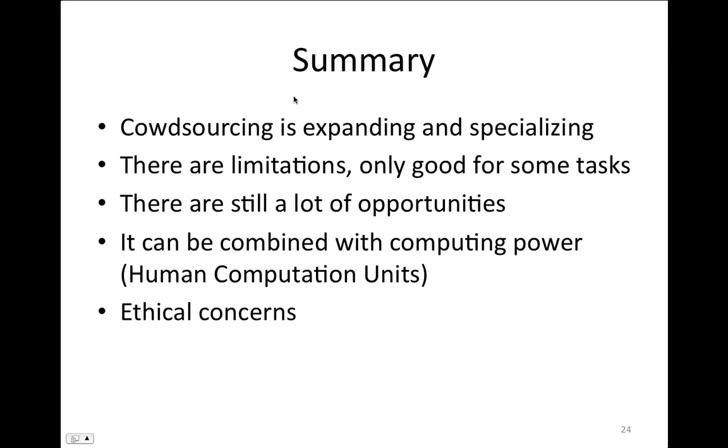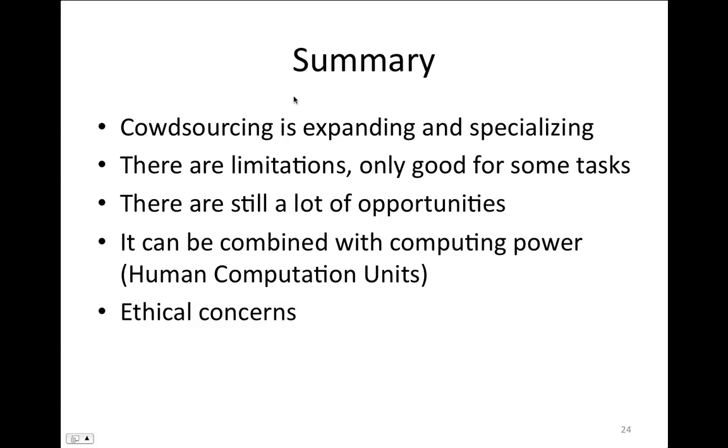To summarize, crowdsourcing is expanding and specializing. There are more and more platforms that are specialized in, for instance, translating and transcription, and they have workers who are specialized in that topic. There are certainly limitations, because some advantages that exist in real job markets, like advancement, are less present in these platforms, which have their own problems.